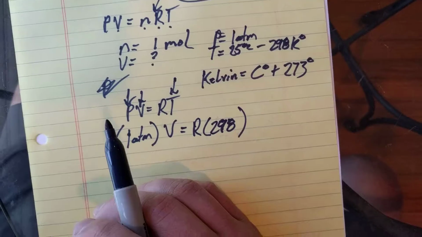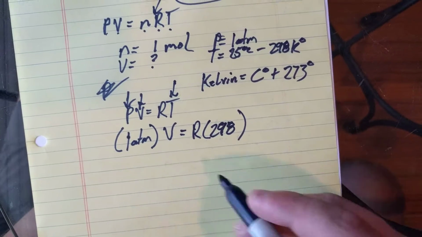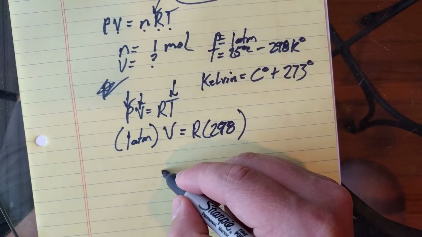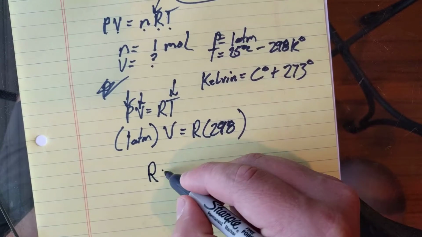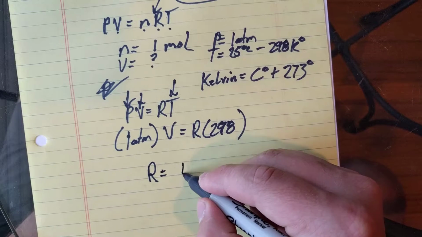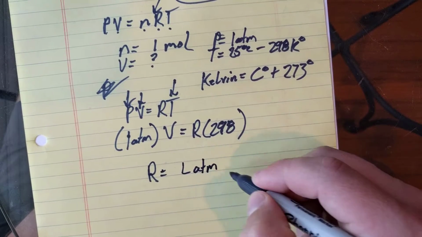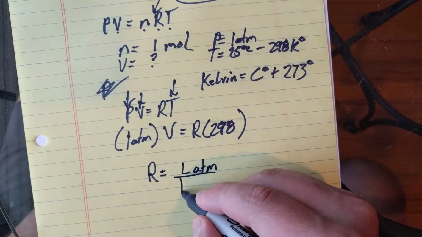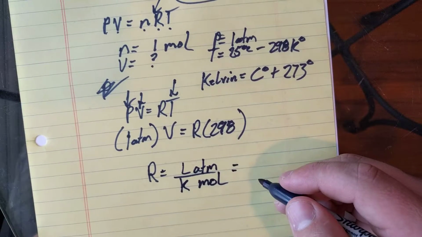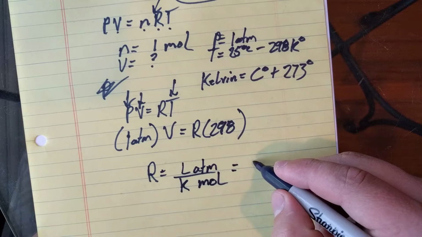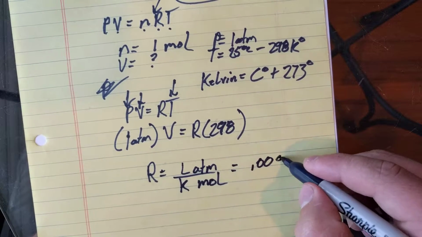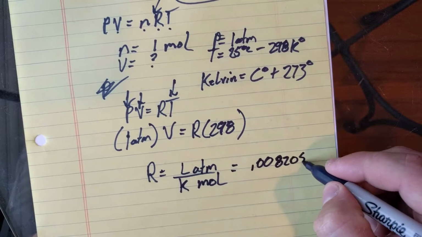Pause it for a minute. All right, so I found it finally. So for R with the units, liters atmosphere per Kelvin mole, it is equal to 0.008205.